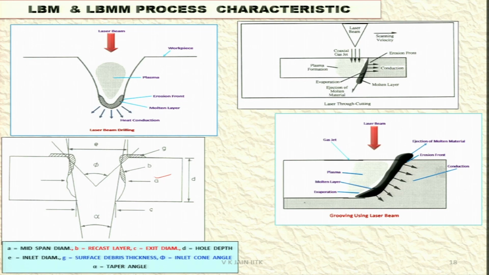D is the hole depth, then E is the inlet diameter, and C is the outlet diameter, G is the surface debris thickness, that is shown over here, and then phi is the inlet cone angle, and alpha is the taper angle. So you can see the characteristics of the drilled hole by laser beam micromachining and laser beam machining.